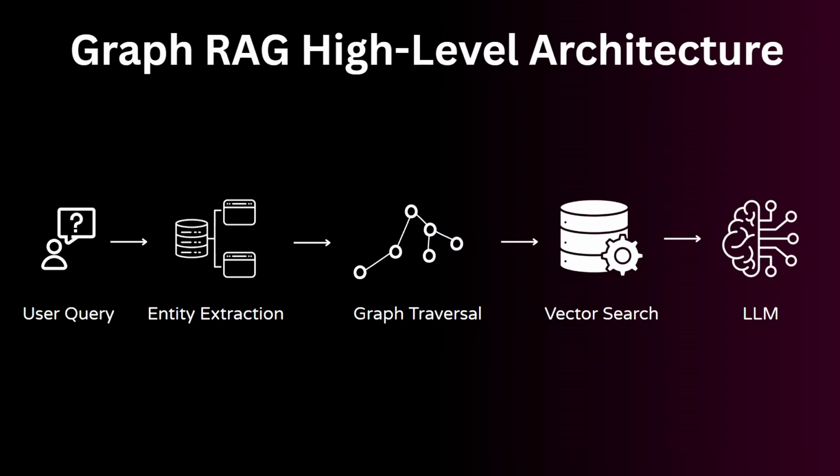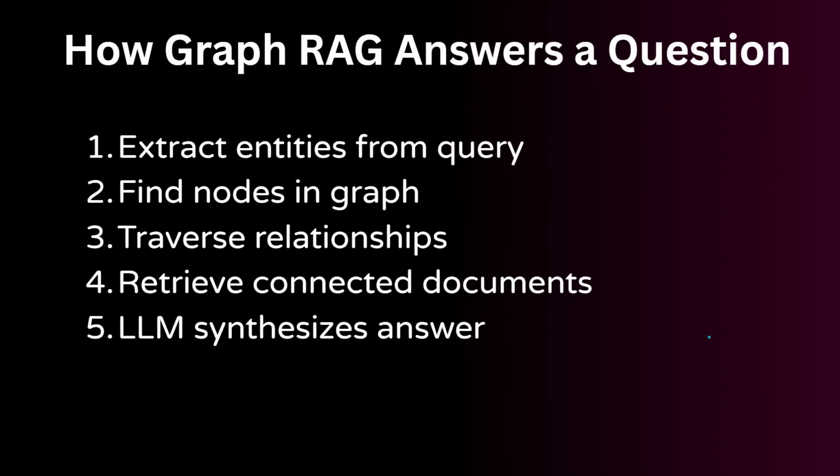So, in short, Graph RAG is a hybrid retrieval system. It prioritizes structure first and then uses similarity second. That combination is what makes multi-hop reasoning possible.